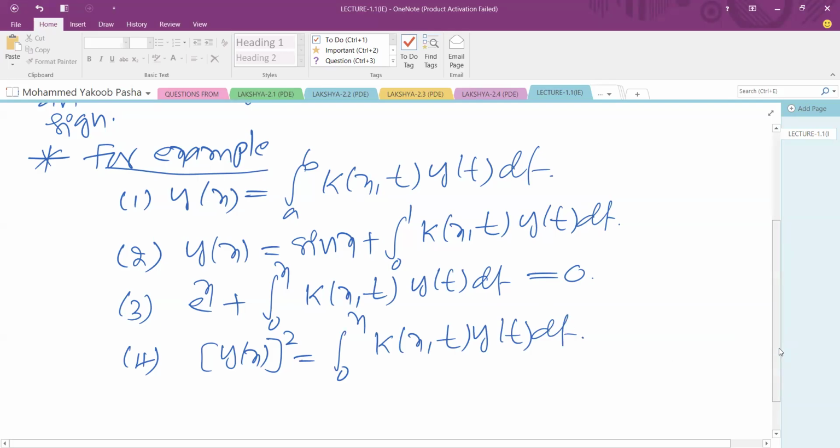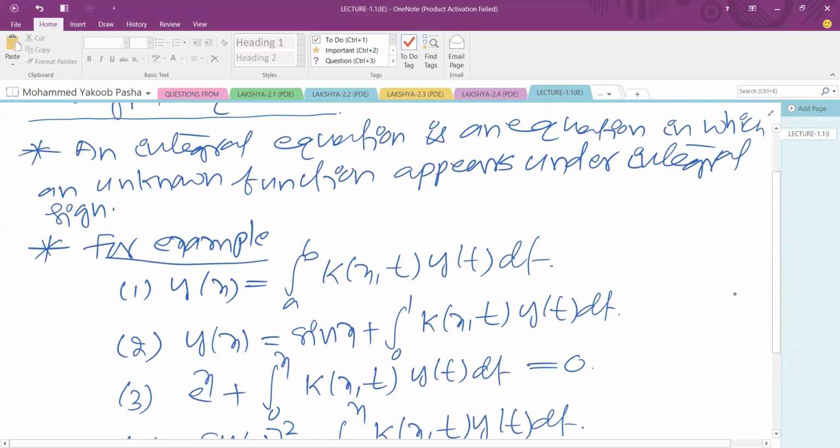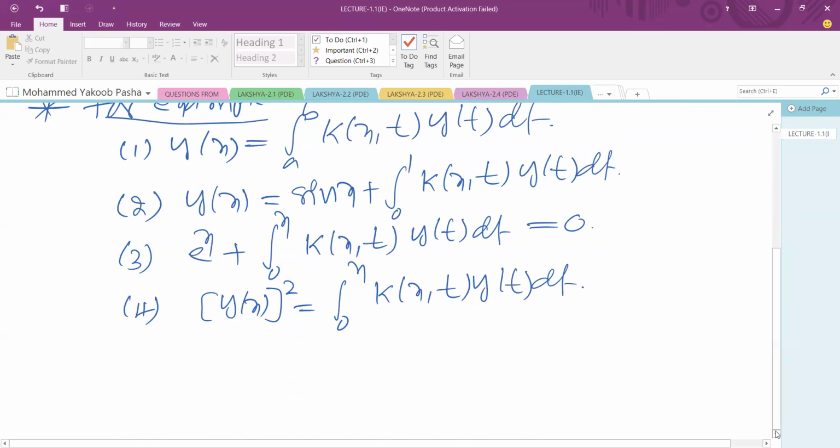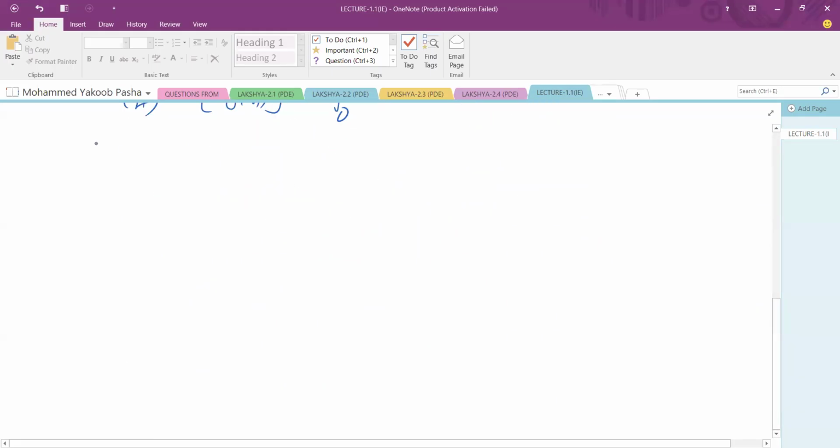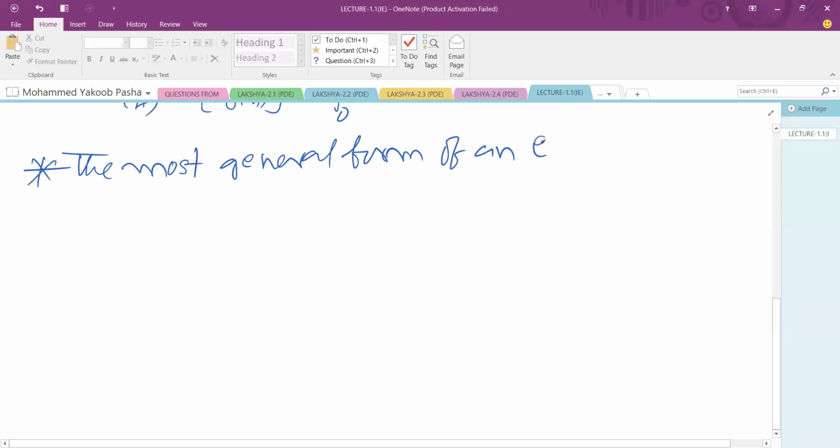Simply, we can remember: an unknown function which appears under the integral sign, then that equation is called an integral equation. And the most general form of an integral equation, you can remember this as the basic form.